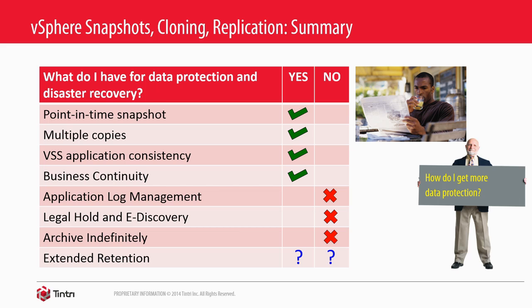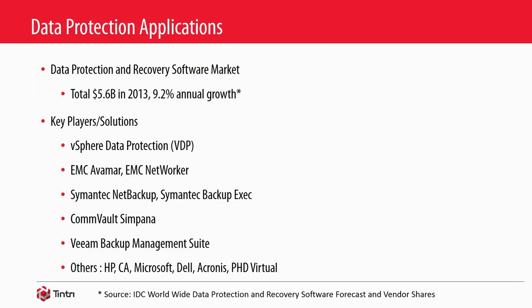So how do I get more data protection? Well, that's where Veeam comes in, NetBackup, Commvault, and the rest of the other solutions, right? One key point from IDC is that the data protection and recovery software market was $5.6 billion in 2013. It's single-digit growth, but it's growth. $5.6 billion, that's a lot of money, right?